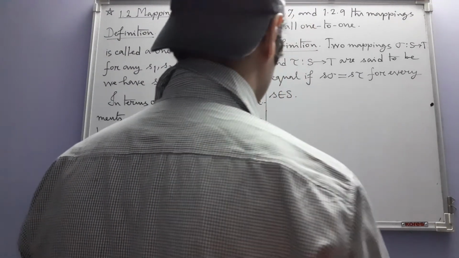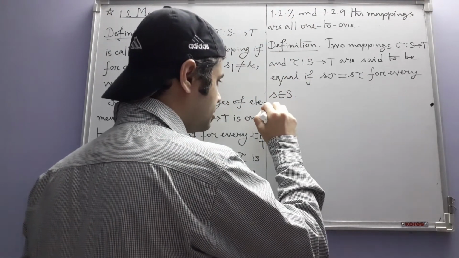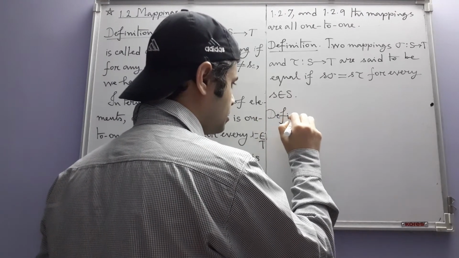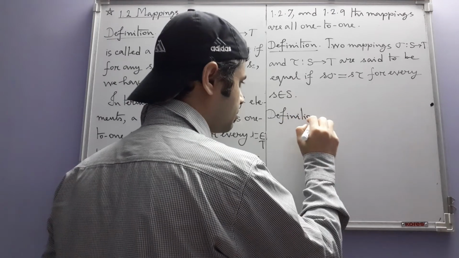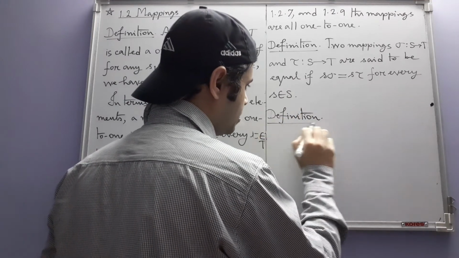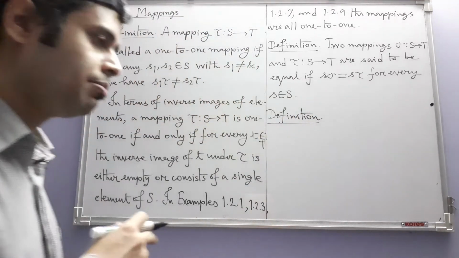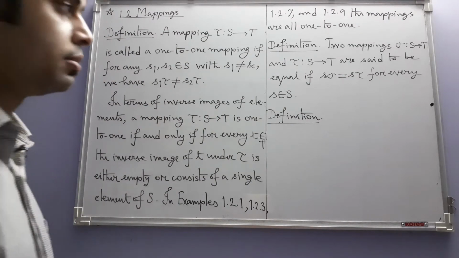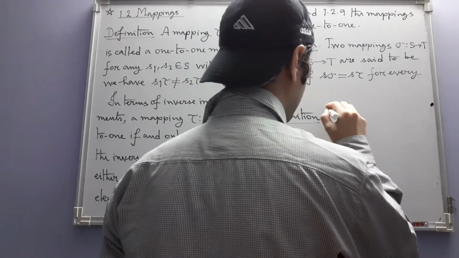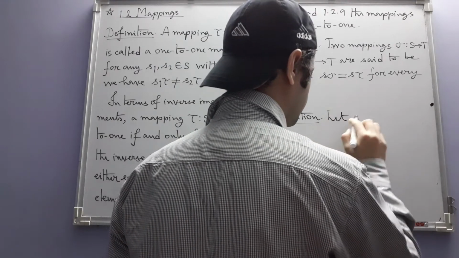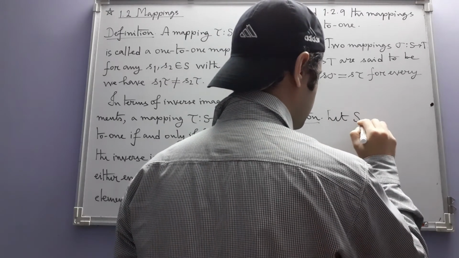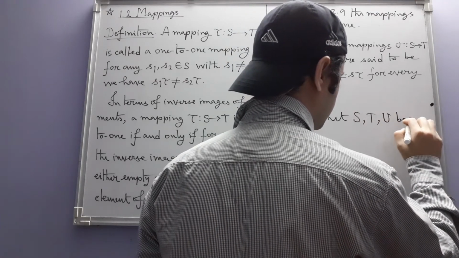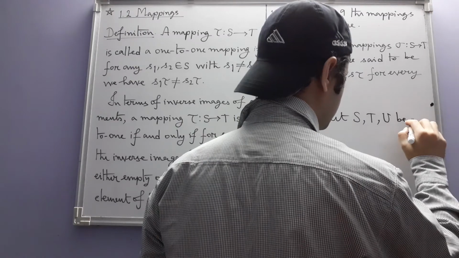And now comes the ultra important definition of composition of mappings. This is very important. It is important in general in mathematics, but in algebra it's all the more so important. Let S, T and U be sets, means non-empty sets.